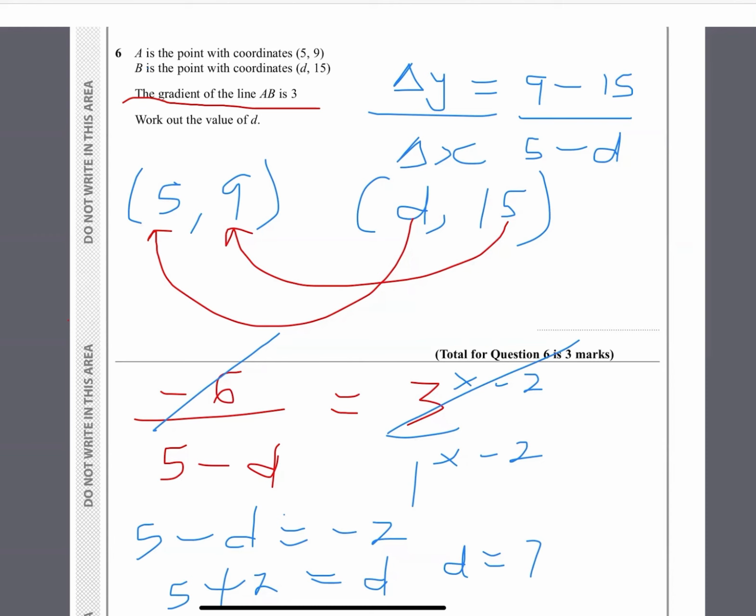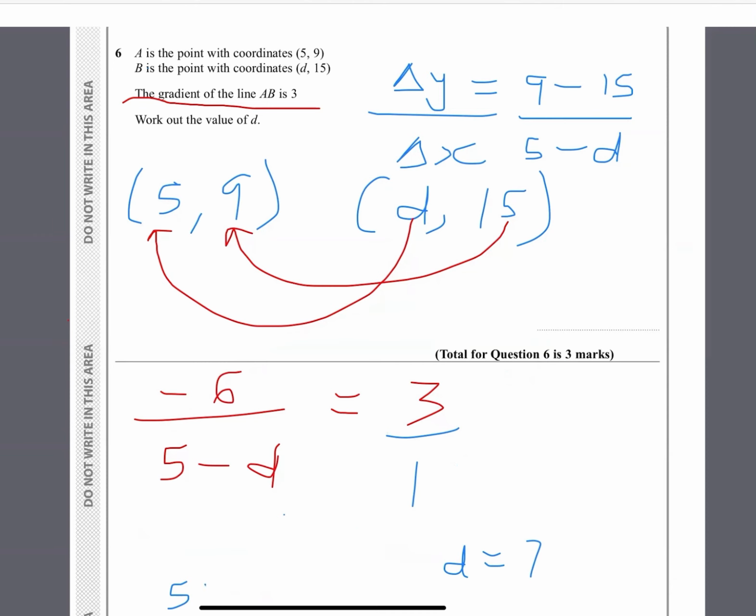Someone might decide not to go through the route of multiplying by minus 2, especially if there is nothing common to the top. If what we had here were 7 instead of 3, that might not be a good way of solving it.